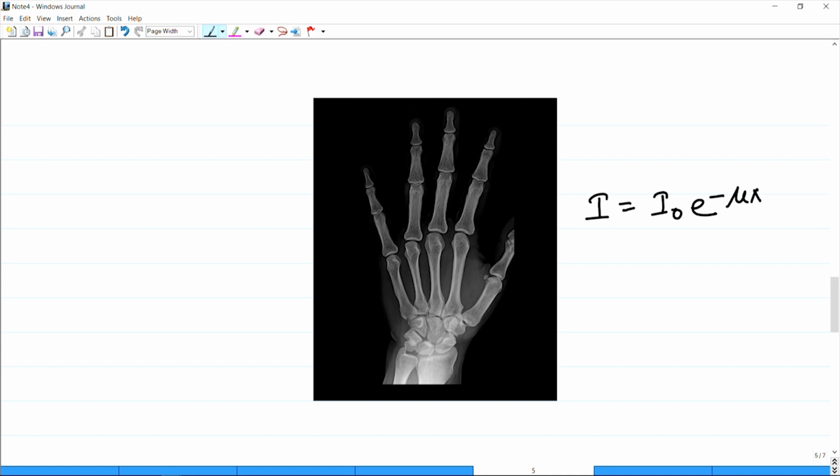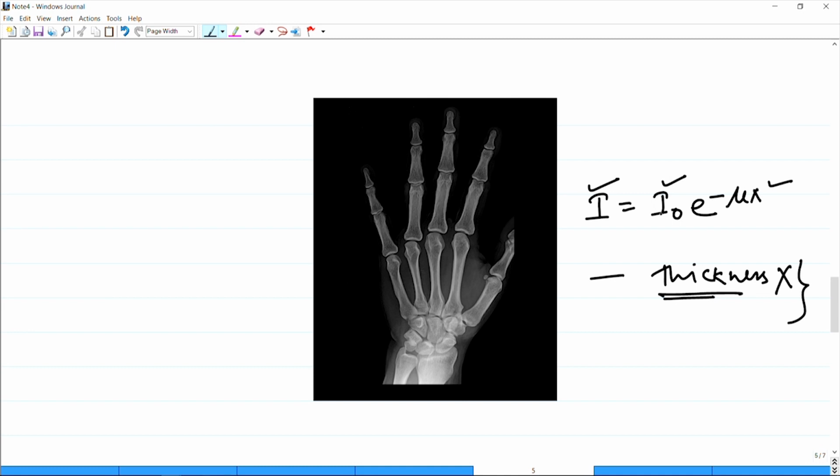The expression can be derived based upon the absorption of X-rays when they travel through a particular material of thickness x. That is what you see over here. So, it will depend on the thickness of the material. That is one factor which will control the intensity I which comes out from the material after traveling through this distance x, and I naught in this case is the initial intensity.